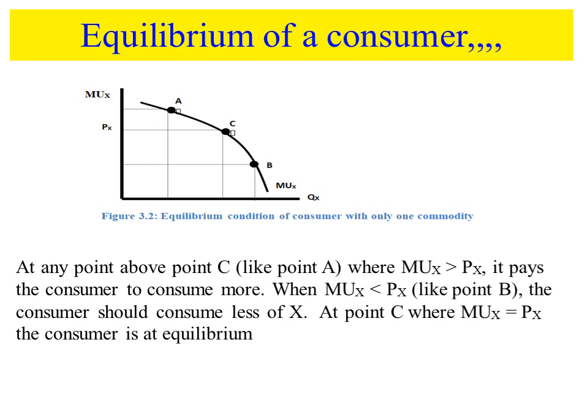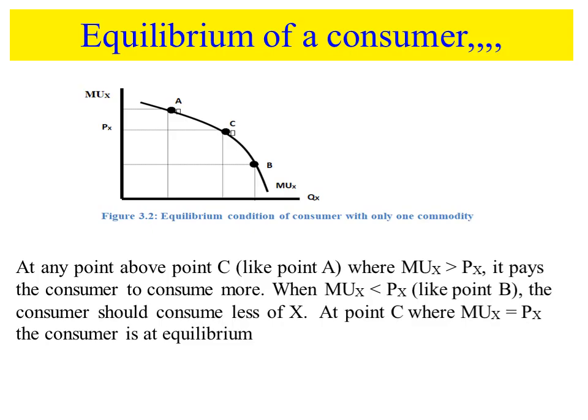So in the case of one commodity, you have to measure equilibrium by comparing your satisfaction with your expenditure. If your satisfaction is 10 utils and your expenditure is 10 birr or $10, it is at equilibrium.